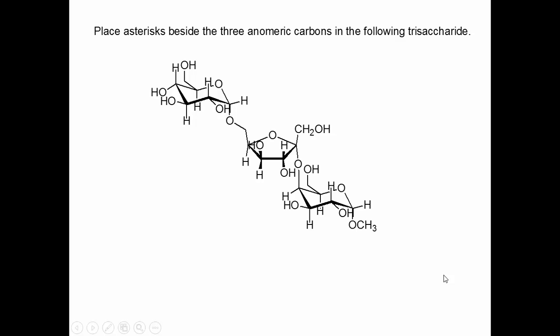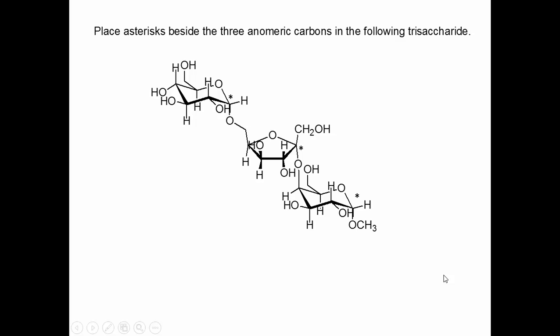So if you look at this molecule, there's one right there. There's one right there. That carbon has two oxygens. And this carbon right here also has two oxygens on it. So those are our anomeric carbons.